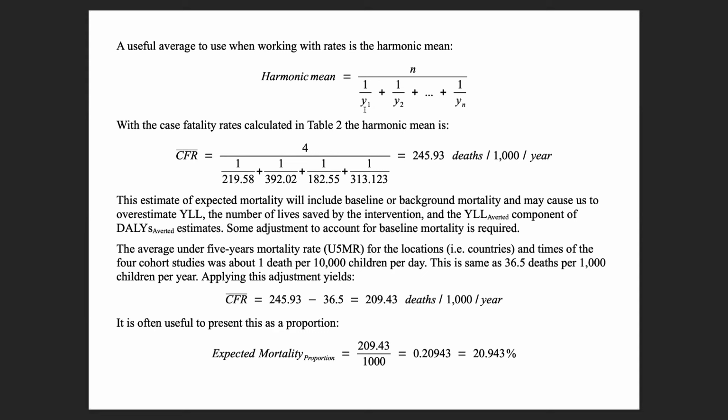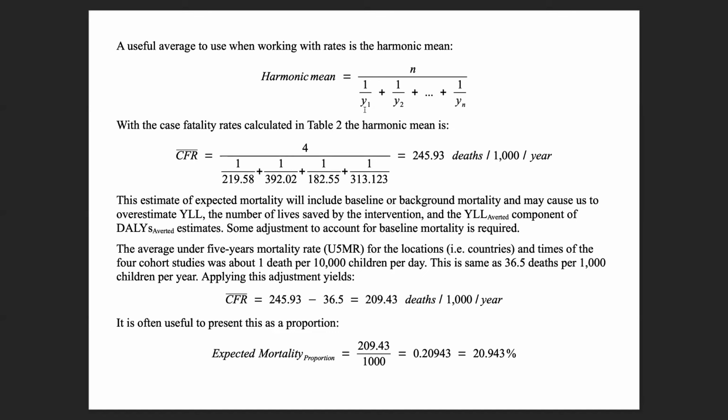And so if we go ahead with this average that we calculated here, it might cause us to overestimate years of life lost, because we've got more deaths than directly attributable to SAM.